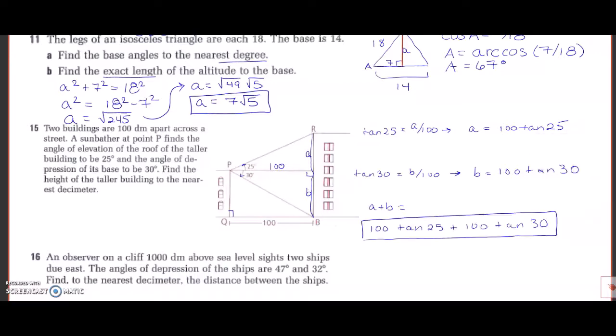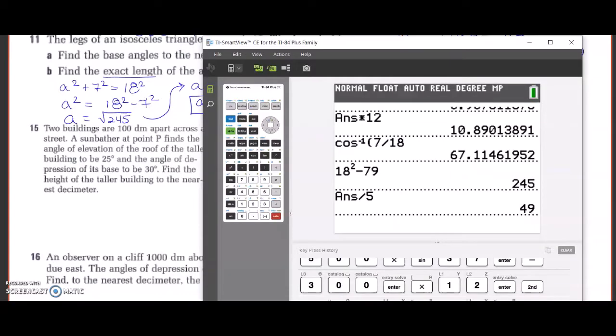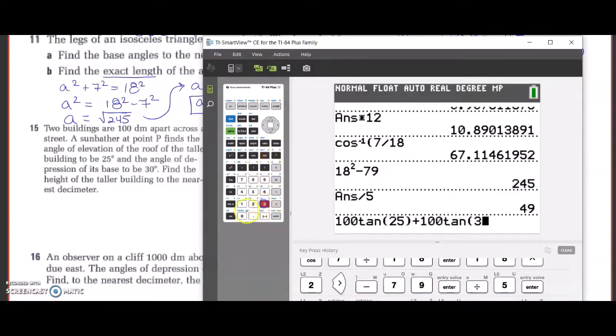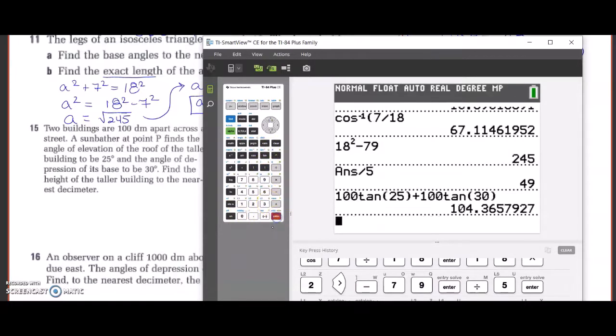Where'd it go? So now 100 tan 25 close plus 100 tangent of 30 is about 104.